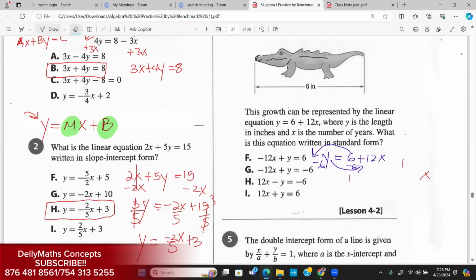So I have negative 6 plus y, which is equal to 12x. So I'm going to take the y from both sides. So basically negative 6 is equal to 12x minus y. Or you could say 12x minus y is equal to negative 6. You're looking for this. 12x minus y is equal to negative 6. We take that, right?